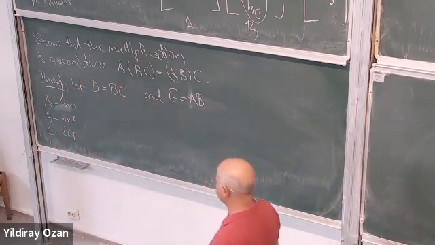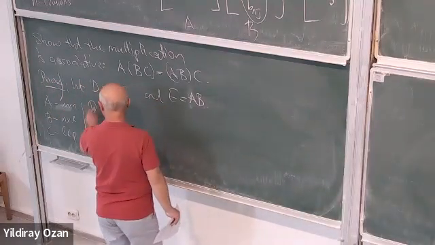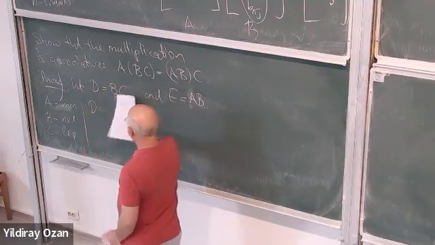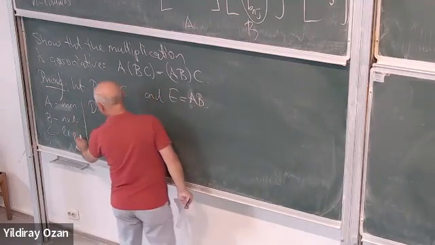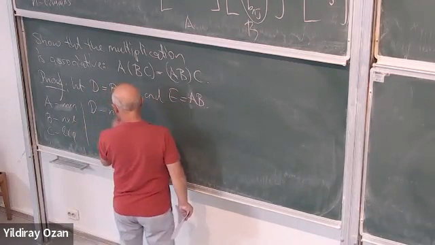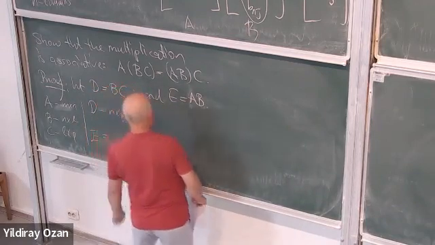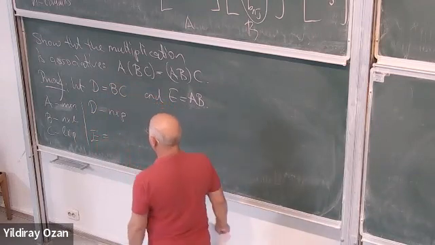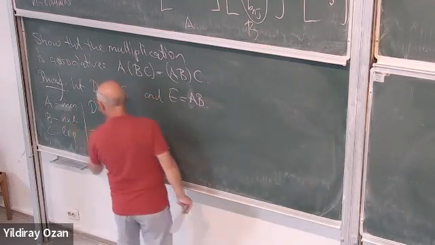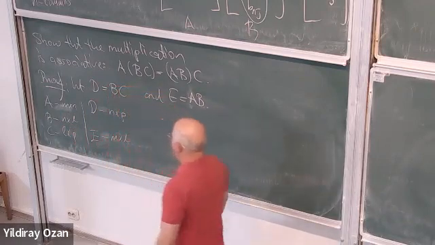Okay. So what is D then? D is B times C, so it's an N by P matrix, and E is A times B, so it's an M by L matrix.